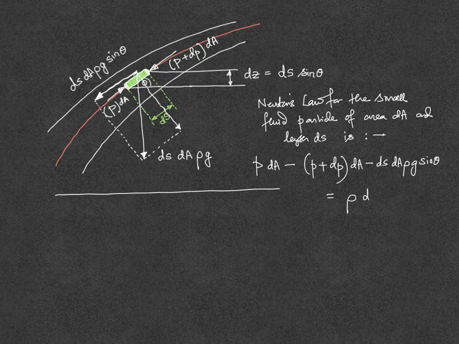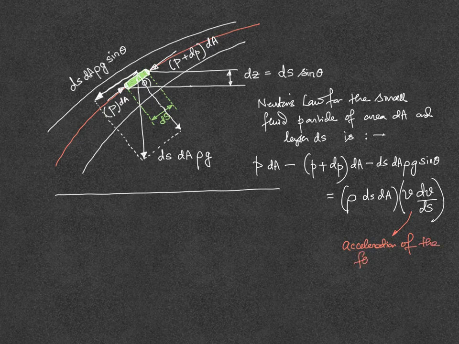Rho ds into dA, mass of the fluid particle, and the acceleration you can write v dv by ds. This term v dv by ds is the acceleration of the fluid particle.